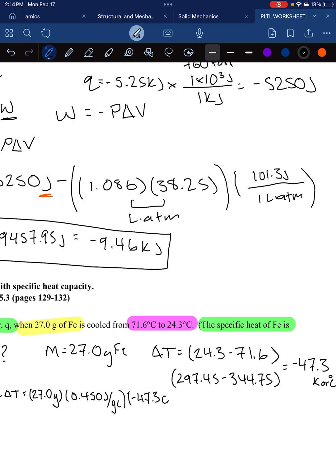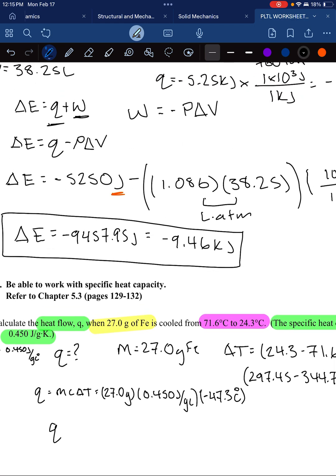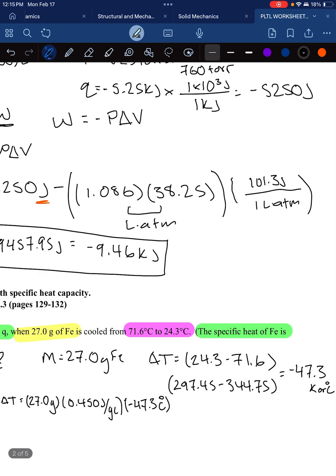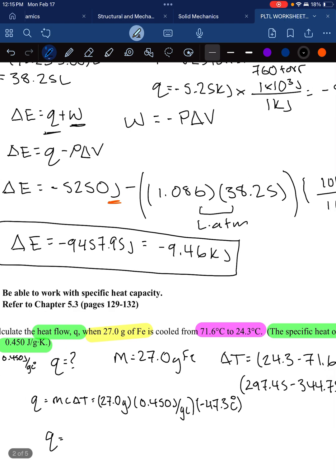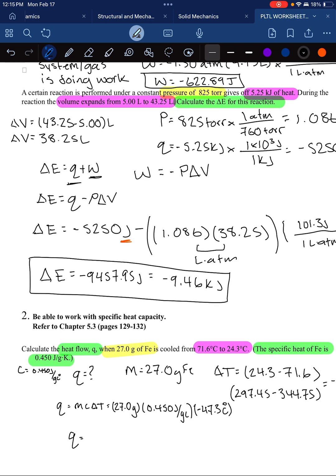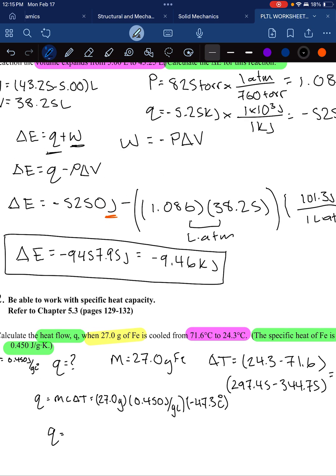And you'll probably have noticed that our answer is actually going to be negative. And that makes sense, right? It's cooling, meaning, if this is getting colder, that means it's giving out heat.